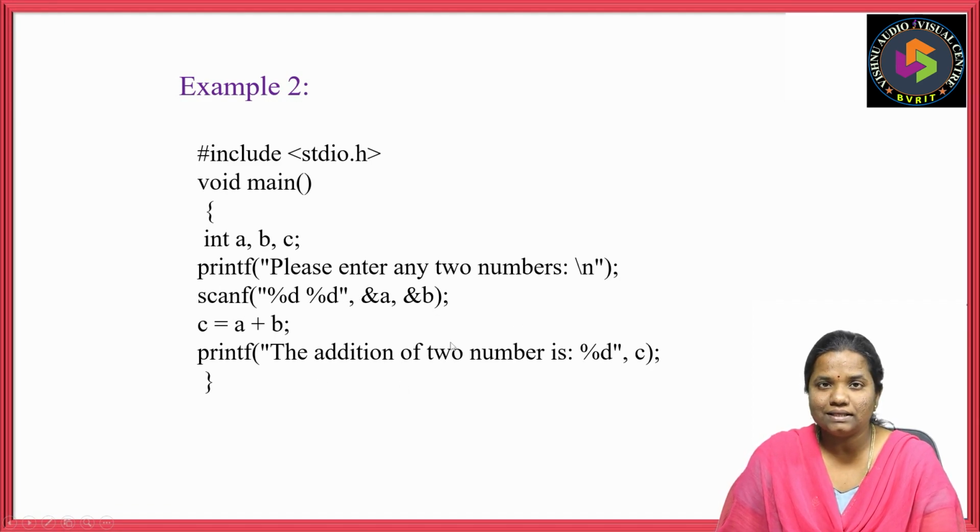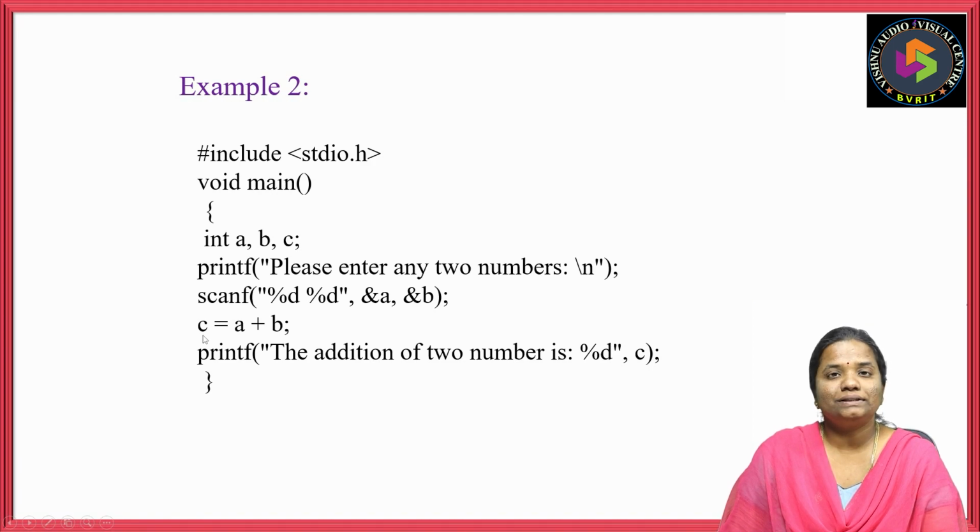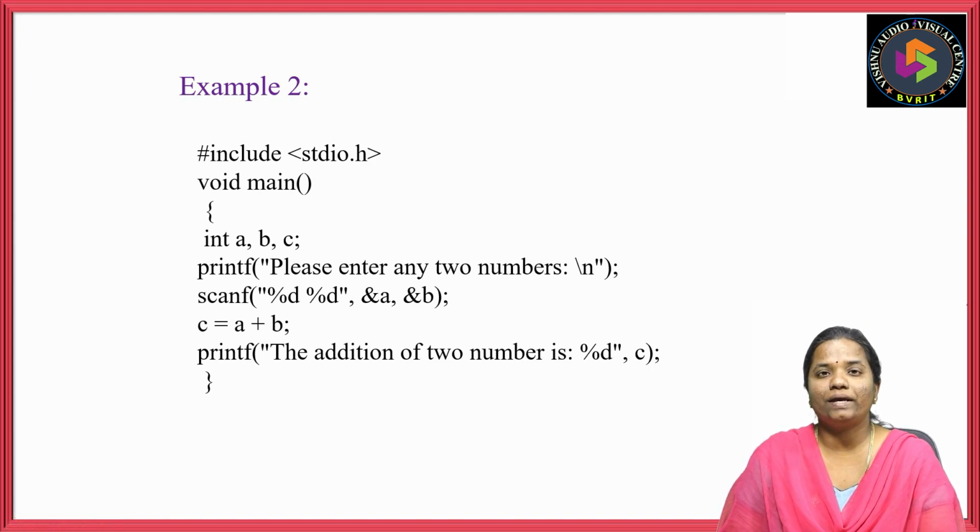Here I have used scanf to read two values, A and B. After reading those values, I am going to add them and place the result into the C variable. Now it's time to print the addition of A value and B value on the screen by taking the support of the printf statement.